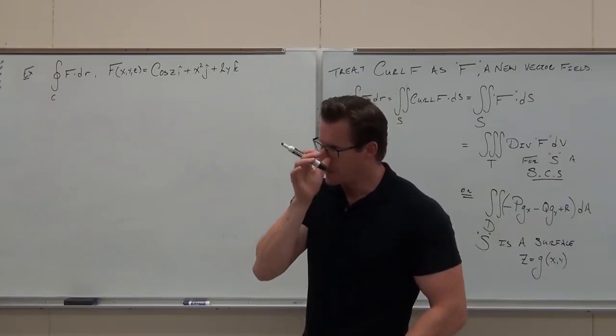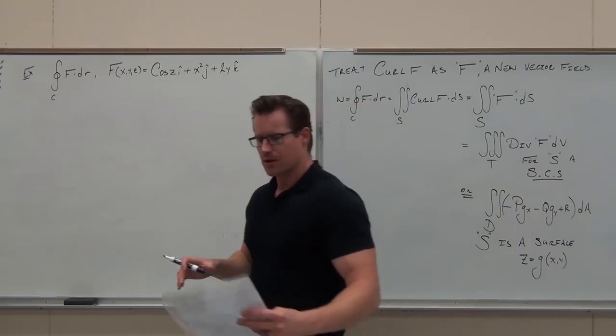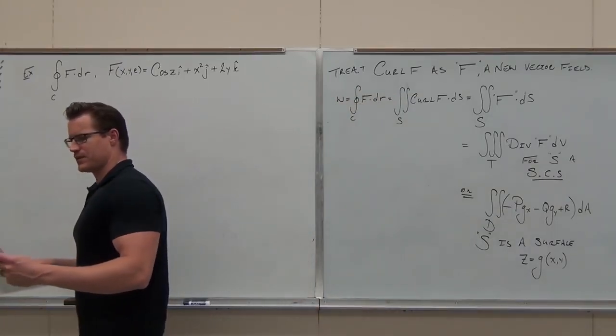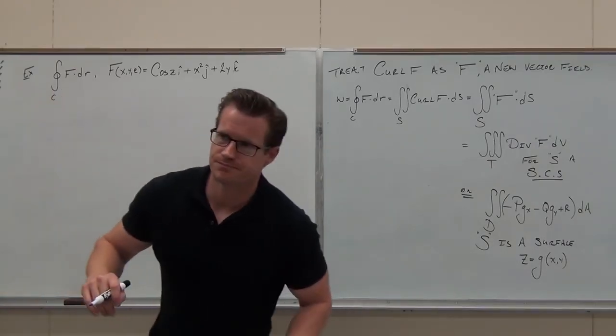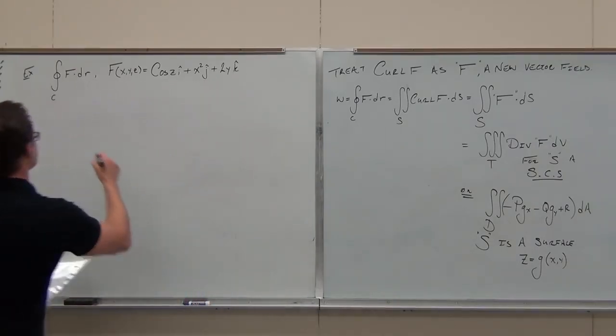So let's find the line integral of this vector field. I've given you a vector field. What else do I have to give you? A curve. Got to give you one curve.